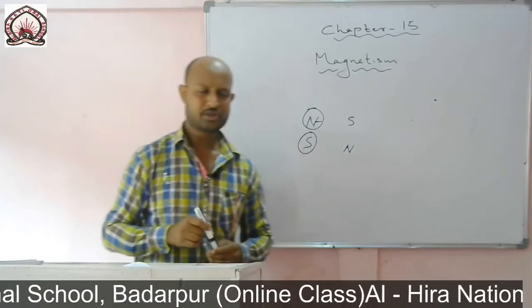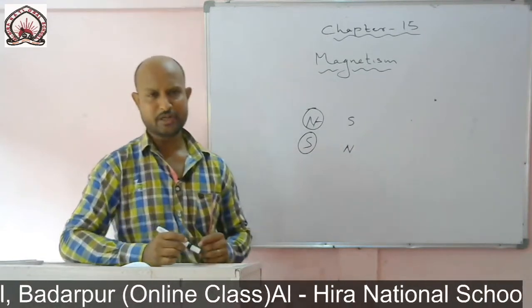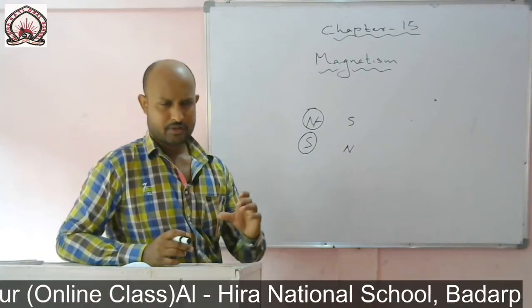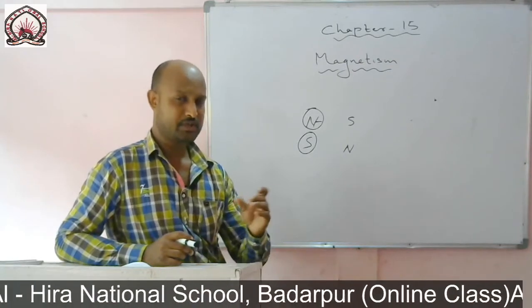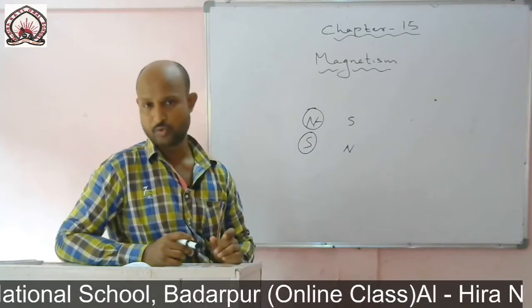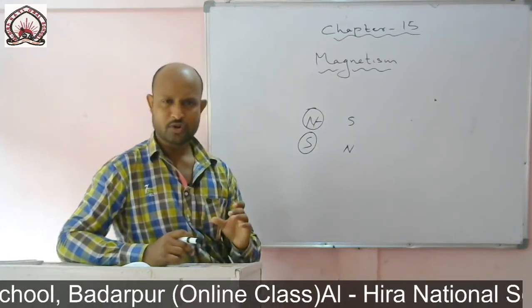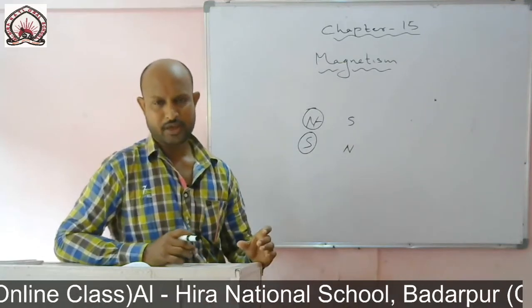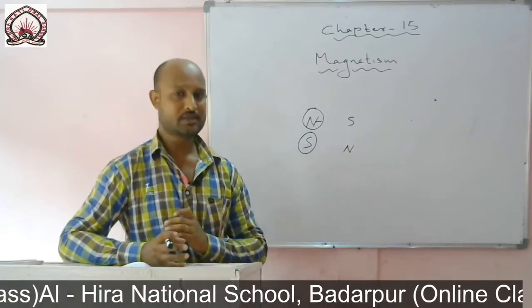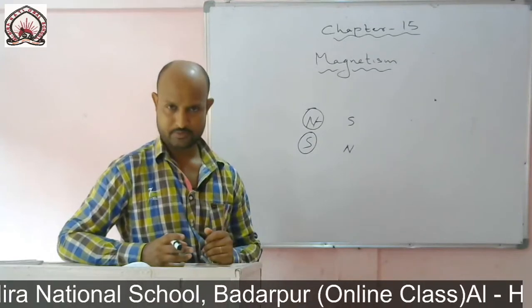So from this activity we can understand one thing, that the earth has a huge bar magnet which is invisible to our eyes, and it also keeps every magnetic substance aligned by attracting it towards its opposite poles.